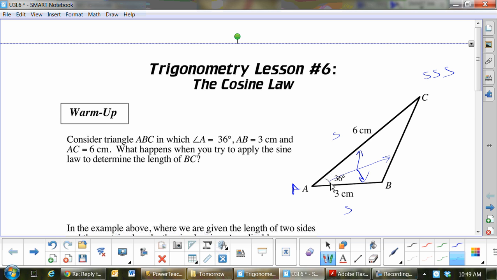If no, I will use sine law or cosine law. When will I use the sine law? When I could do 2 loops. Cosine law, the pitchfork, and then maybe be more specific: that's either side, side, side, or side angle side. That is how I need you to organize your thoughts. If you can, you'll be really successful.